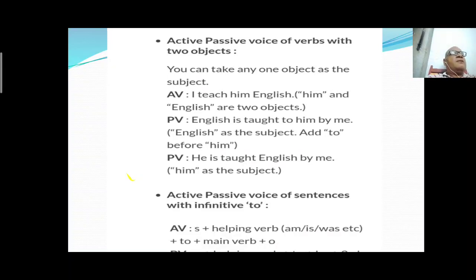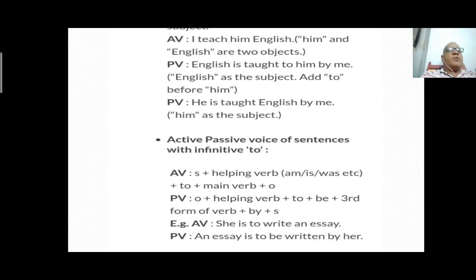Then English is taught is the passive form. To him by me is an addition only. So if we concentrate on the basic part of conversion, the latter part is very easy to convert.